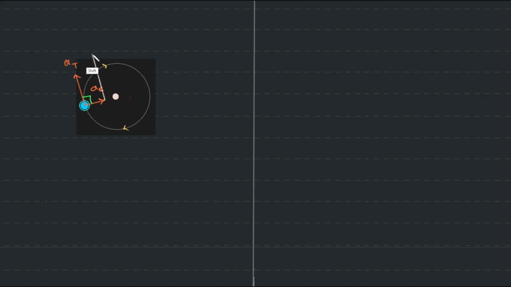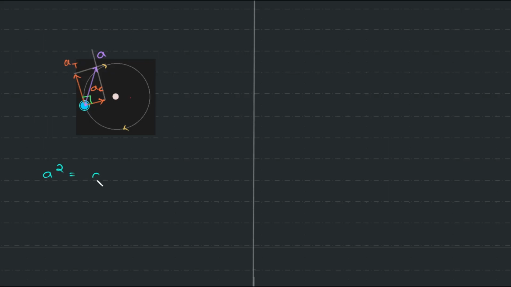So we have something like this and something like that. I'm drawing a parallelogram. So our resultant will be the diagonal from here till there. So that is your resultant acceleration.